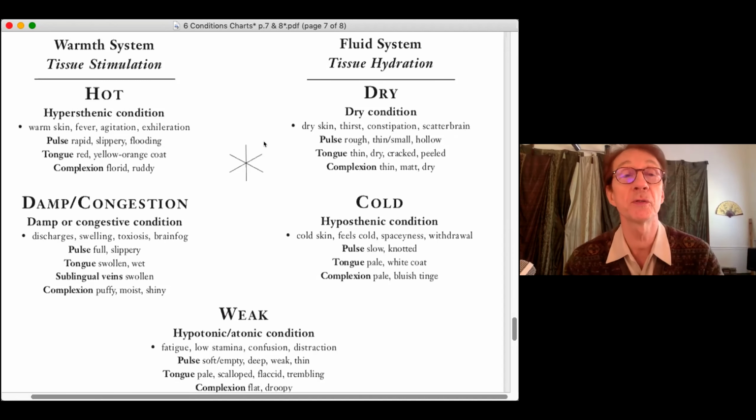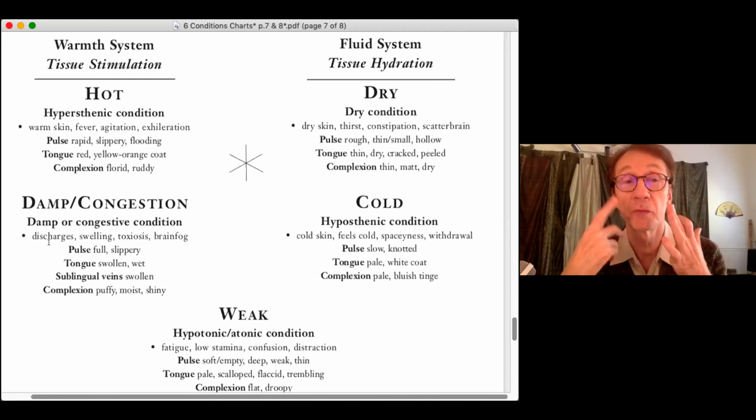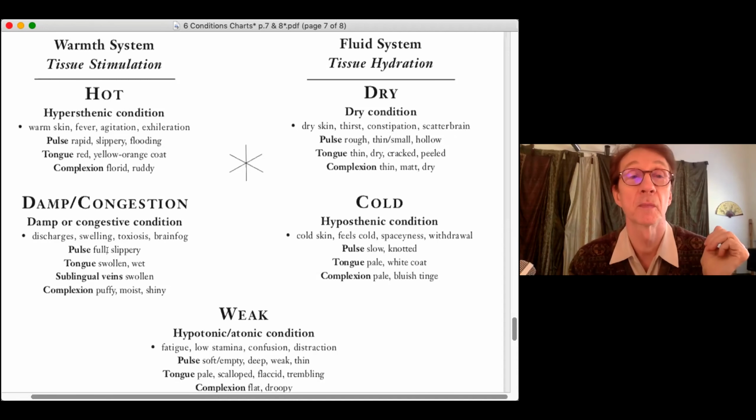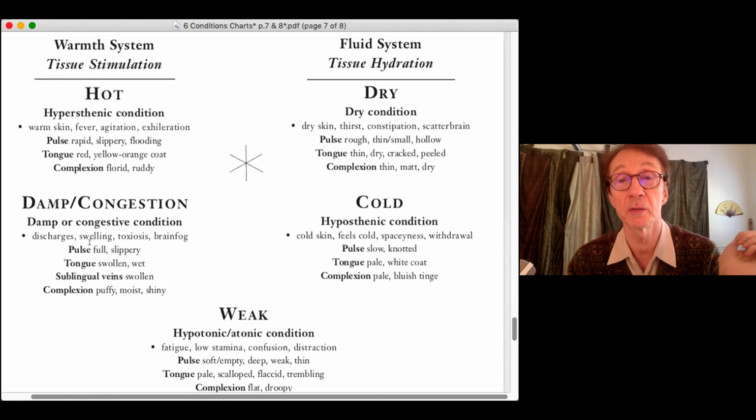So moving over to excessive moisture, it creates a damp or congested condition where you see discharges, swelling, toxicosis. Discharges can be, for example, nasal discharges, rhinitis, sinusitis; swelling, for example, lymphatic glands, swollen glands. You'll see abdominal distension, pelvic distension, and toxicosis is another key factor.